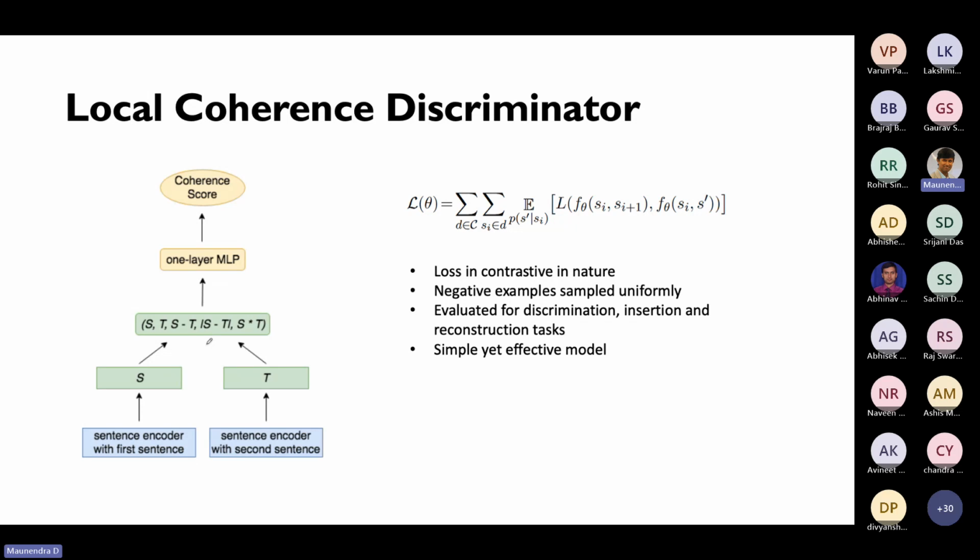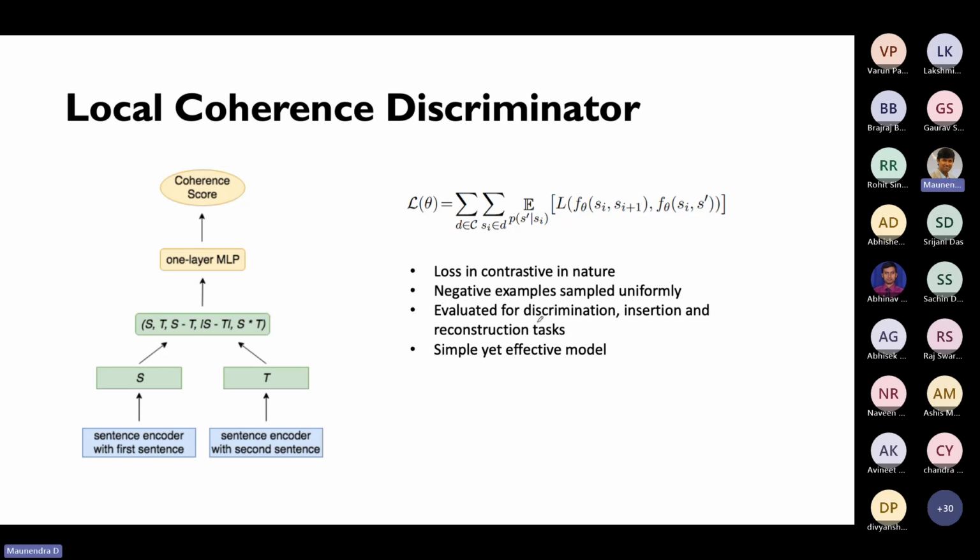Now this same framework can be brought under a lot of different kinds of larger tasks to see how well the model is able to discriminate. For example, one could be sentence order discrimination. What is that?